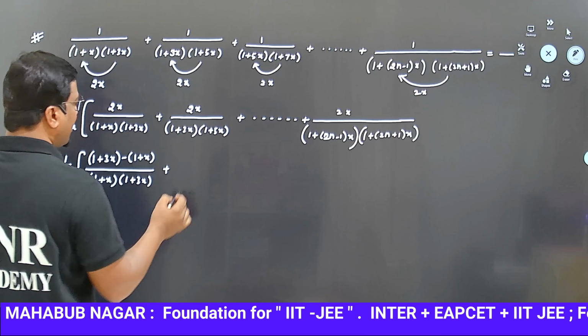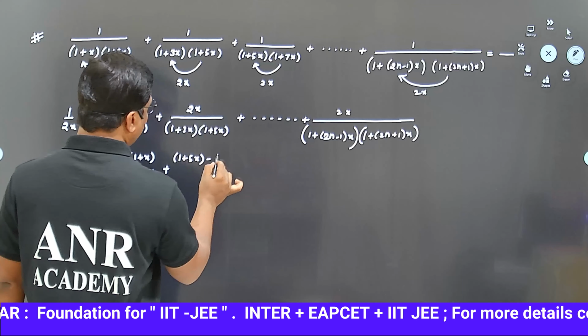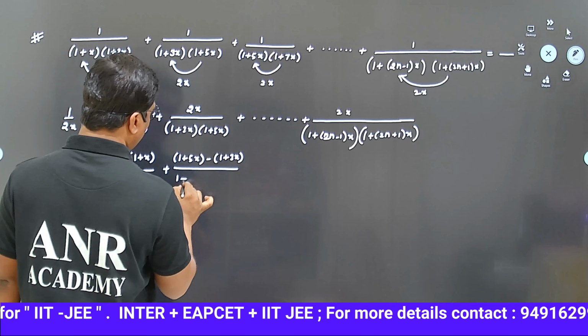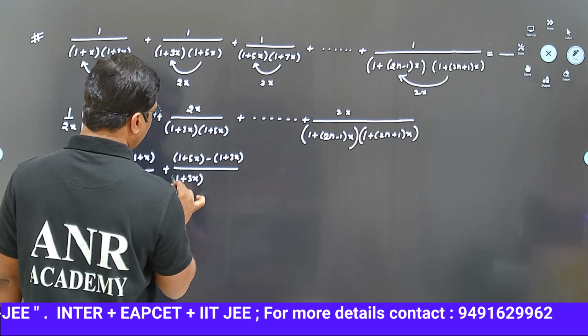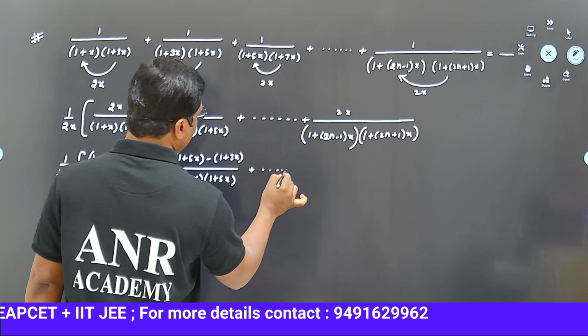In the same way, 1 plus 5x minus 1 plus 3x whole divided by 1 plus 3x into 1 plus 5x plus, and so on.